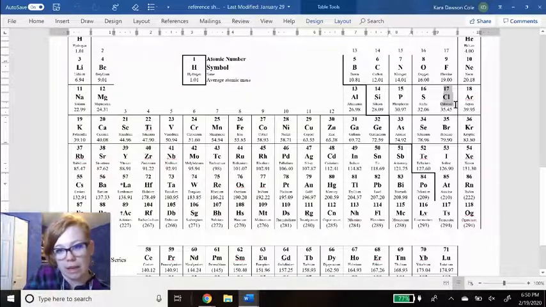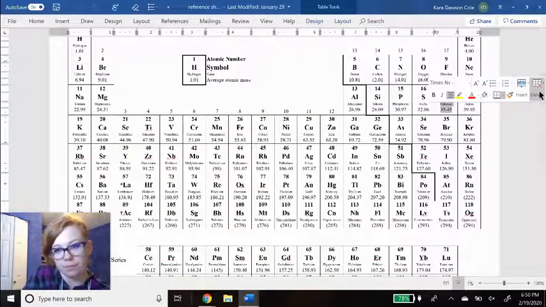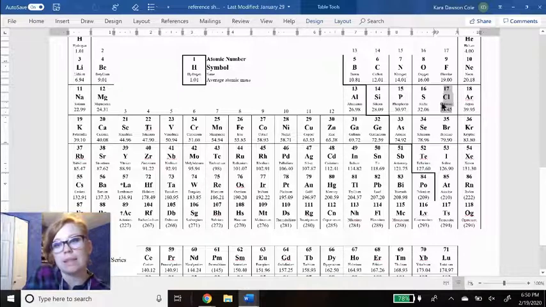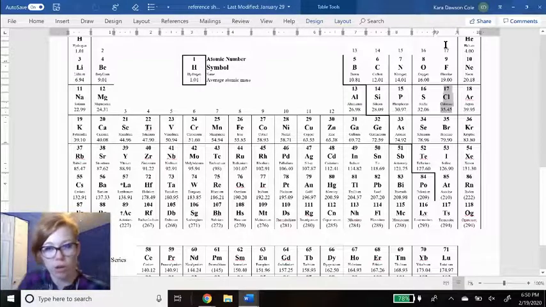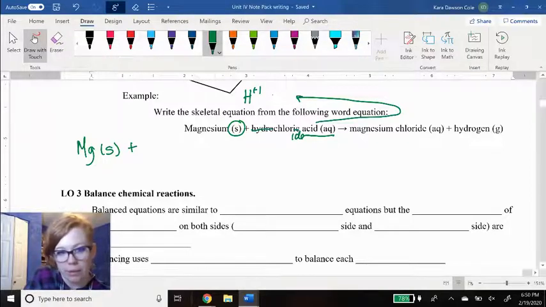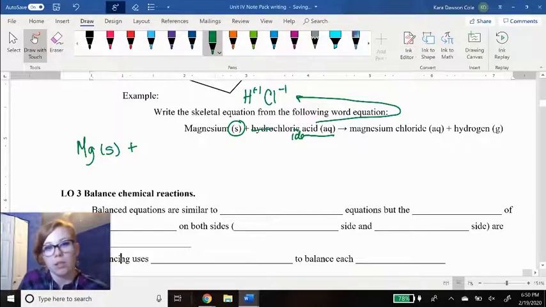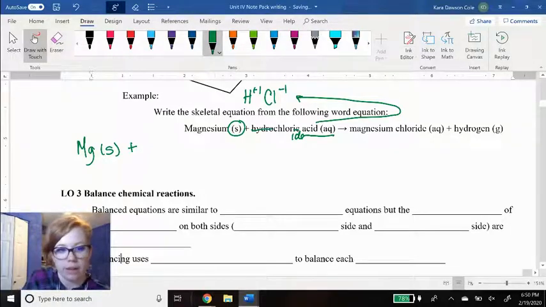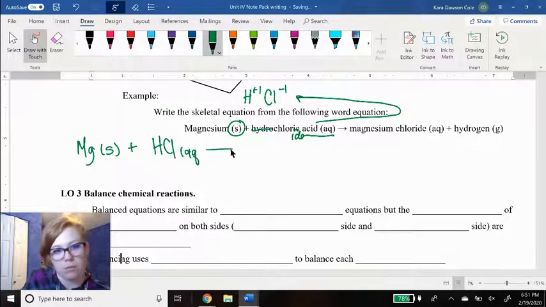So this guy right here. So Cl. Cl is in group 17. It has a -1 charge on it, okay? So I can come back over here. And I know that this is Cl-1, right? So they kind of cancel each other out. So this is HCl, and it's also aqueous, right?